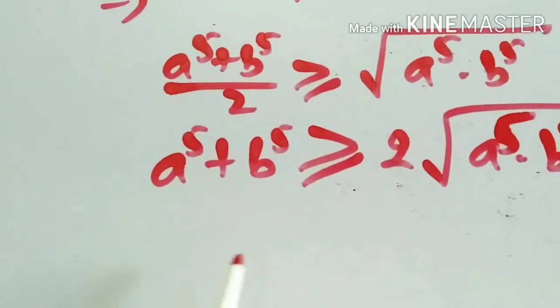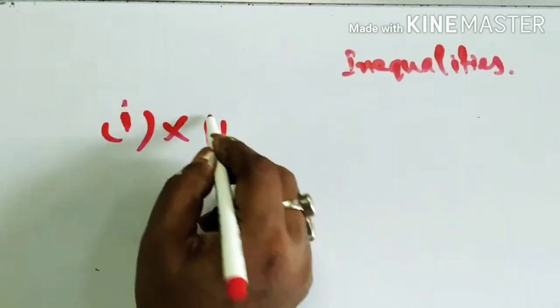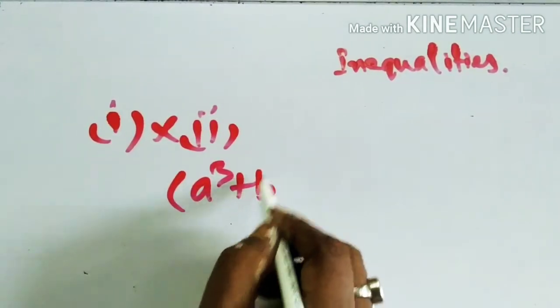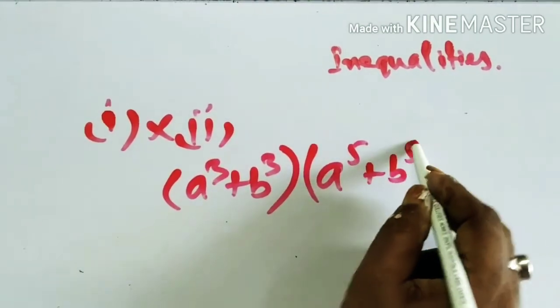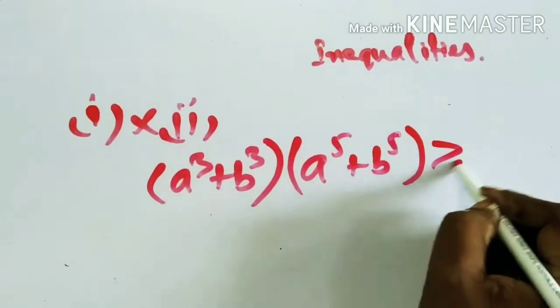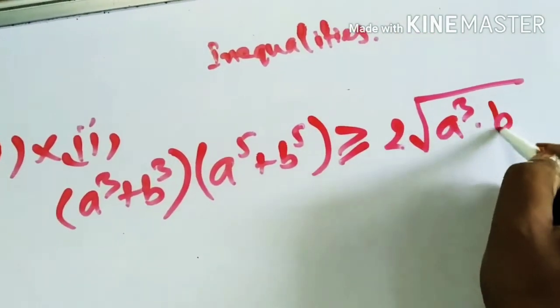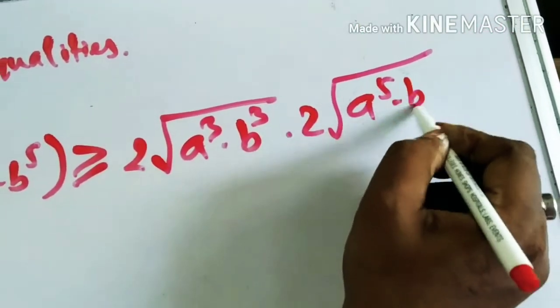Now I am going to do equation 1 into equation 2. This will be (a³ + b³)(a⁵ + b⁵) greater than or equal to 2√(a³b³) into 2√(a⁵b⁵).